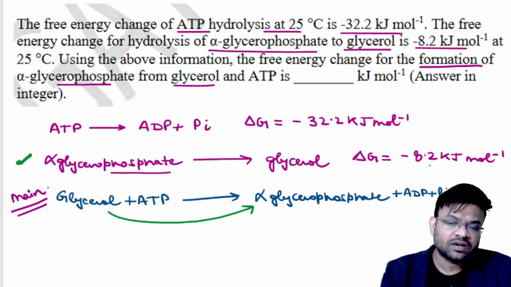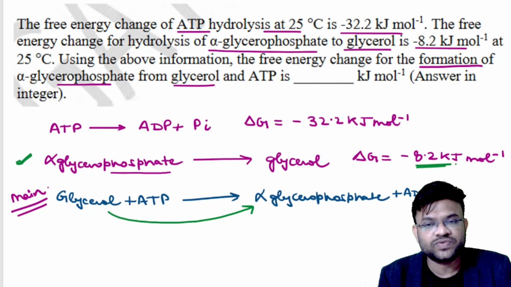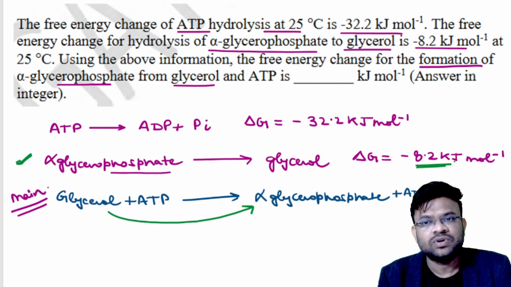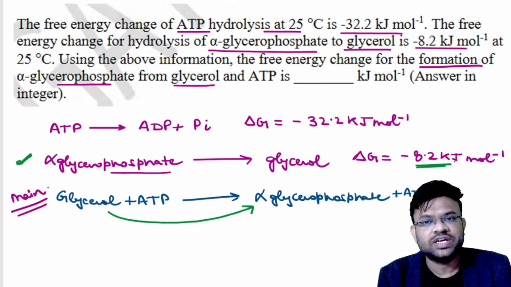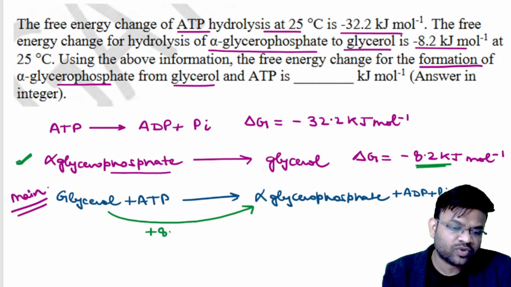Ideally what I want is glycerol getting converted into alpha glycerophosphate, that means a phosphorylation reaction. Now you should know that the delta G value for the forward reaction and for the backward reaction remains the same in magnitude, only the sign changes. So over here, if I am reversing the reaction, the 8.2 value will remain the same. It will just be plus 8.2.